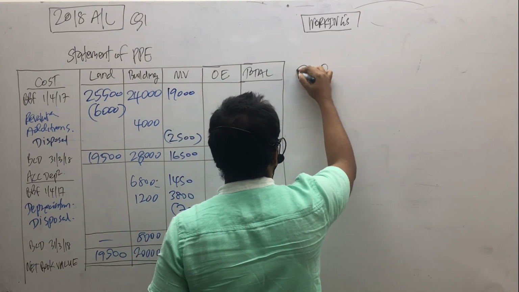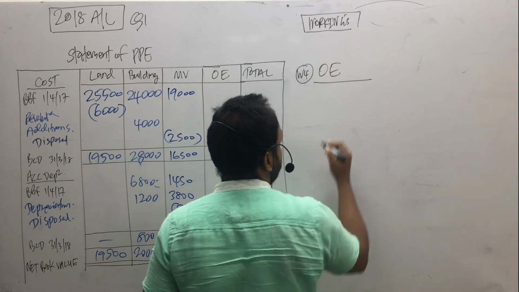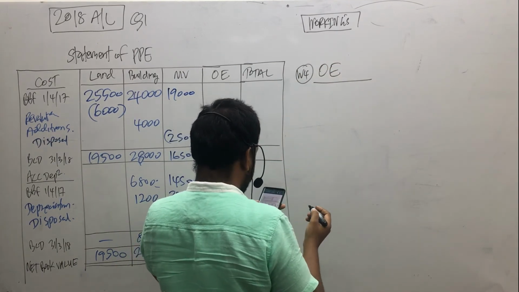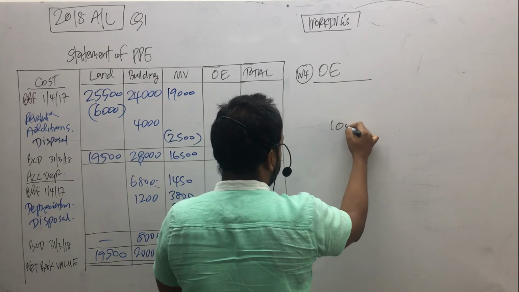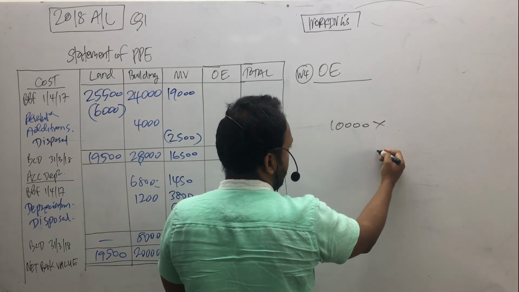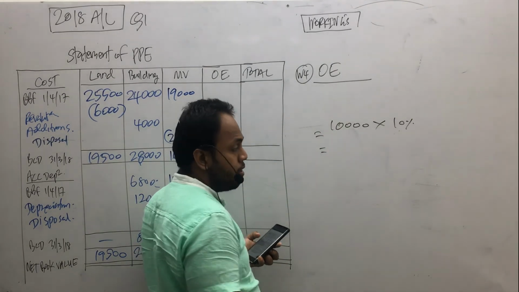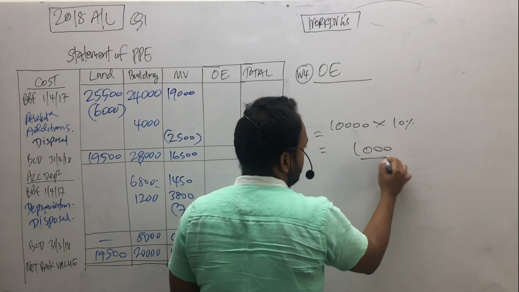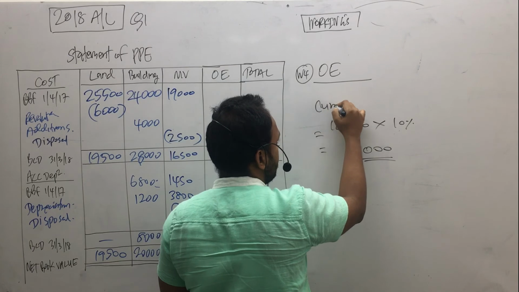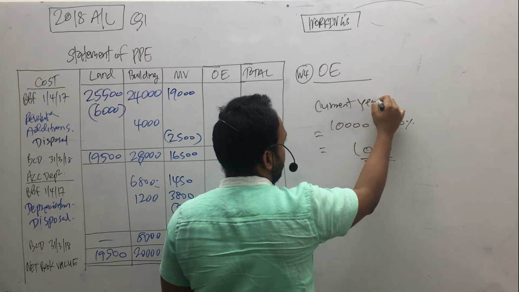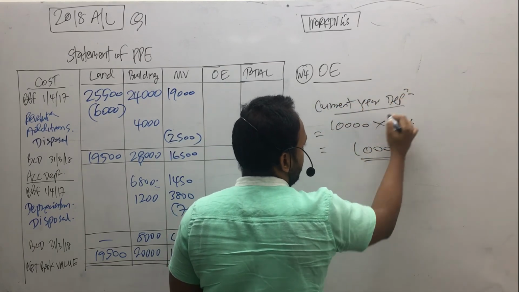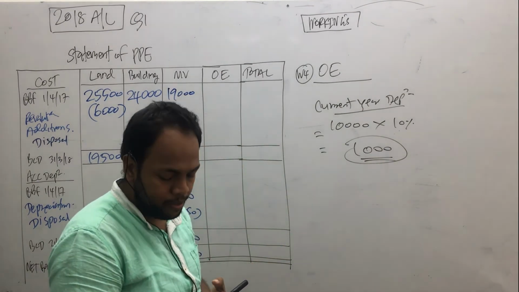So working number 4, office equipment, cost is 10,000. Depreciated 10%. So no other adjustment. So current year depreciation is 1,000.